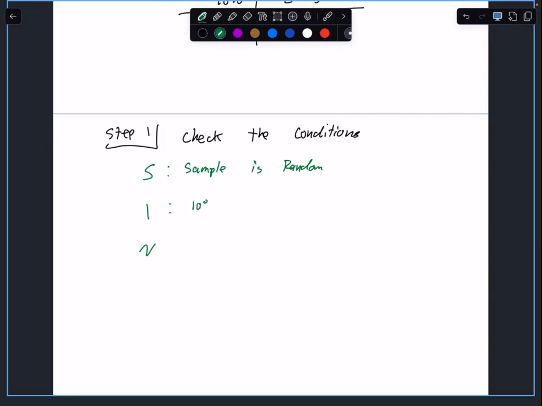This is the 10% condition, or independence. This is where our sample N is less than 10% of the population.